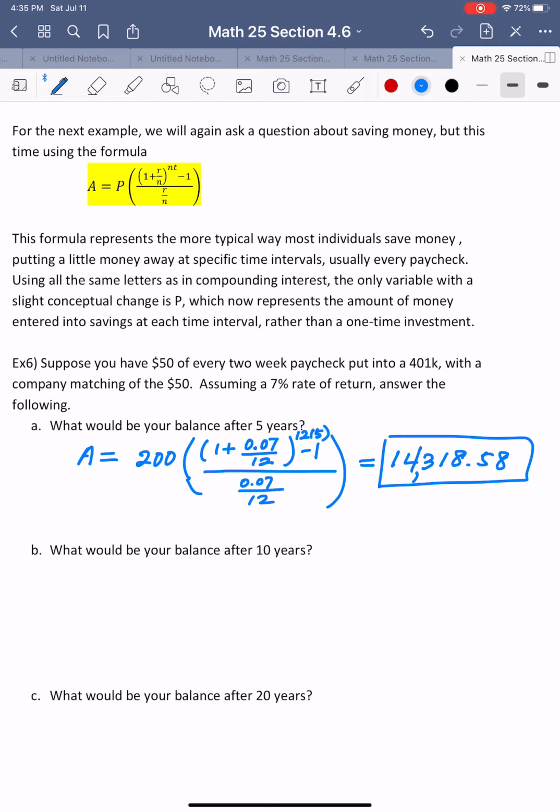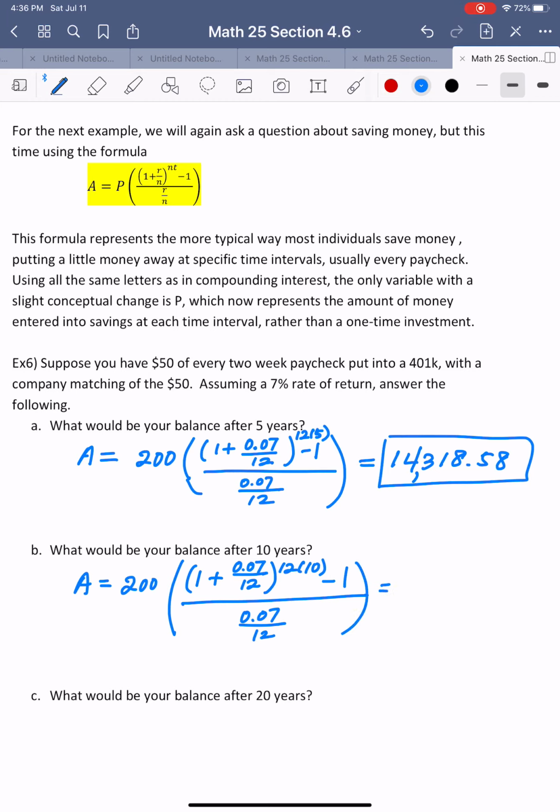What will be your balance after 10 years this time? Okay, same thing. So A of 200 for monthly, 1 plus 0.07 over 12, but 12 times 10 years, minus 1 over 0.07 over 12.